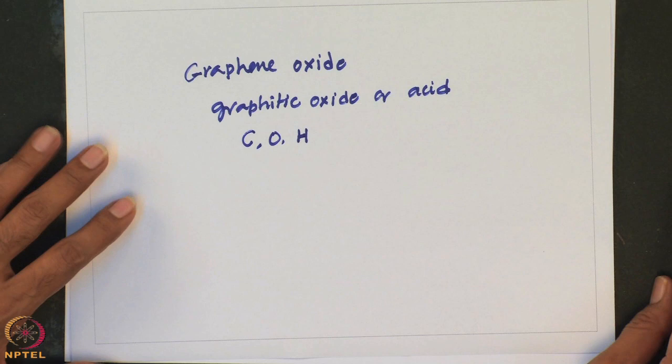By the oxidation of graphite or graphene using strong oxidizing agents, oxygenated functionalities are introduced in the graphite structure, which not only expand the layer separation, but also make the material hydrophilic. You should remember graphene or graphite is hydrophobic, but by adding these oxygenated functionalities, one can make the material hydrophilic.